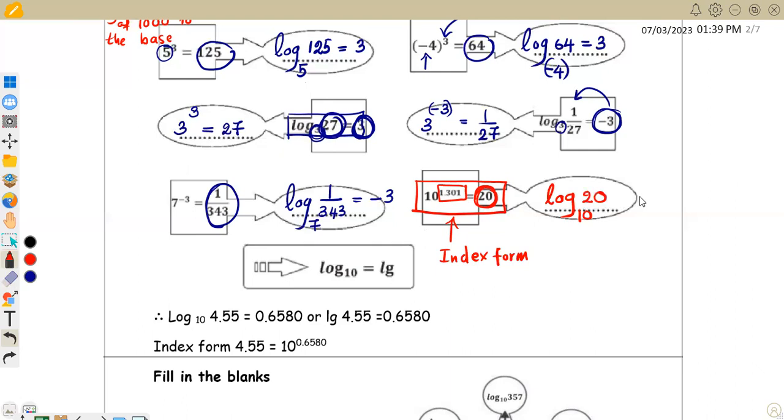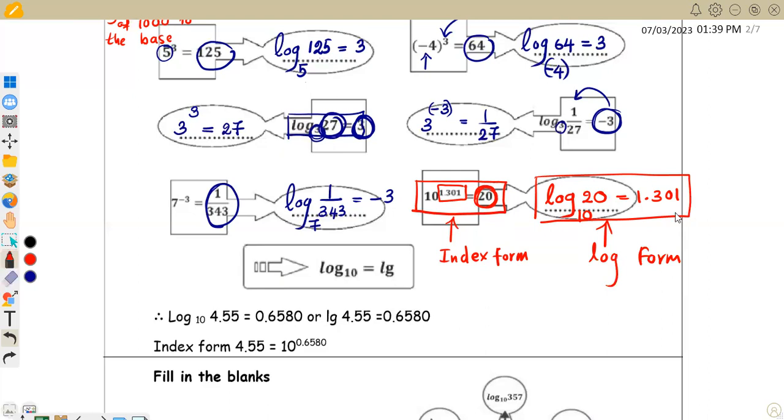It is equal to 1.301, because the index is written as the answer in log form. This is the log form. Then how do we read this one? It is read as logarithm of 20 to the base 10 is equal to 1.301.